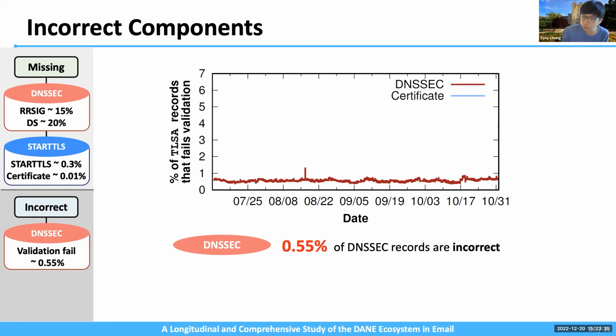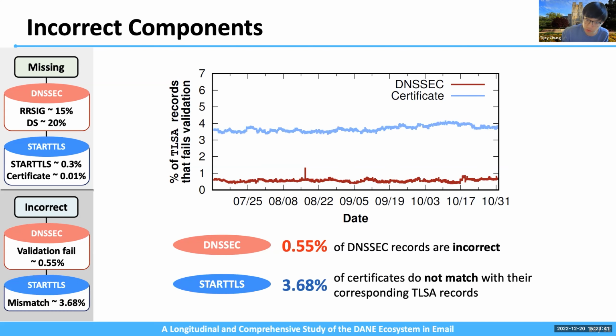And also, if you'd like to validate the TLSA records, less than 1% of them are incorrect, which means once you publish a TLSA record, it is highly likely to be valid in terms of DNSSEC validation. But still, 3% of them do not match the corresponding TLSA records, which is a little bit alarming, all right?